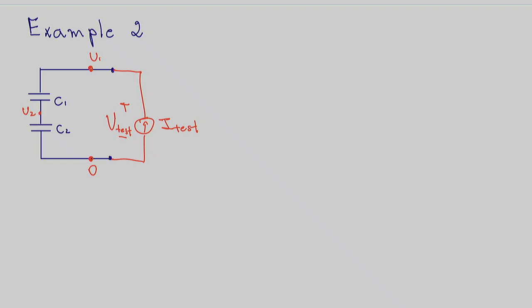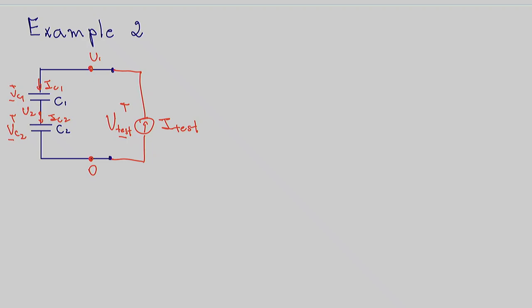Okay, so I labeled our test in red. I'm going to label all the other elements now. Since we have capacitor 1 and 2, I'm going to call the currents IC1 and IC2, and the voltages across them VC1 and VC2, because we made decisions based on the knowledge we have.